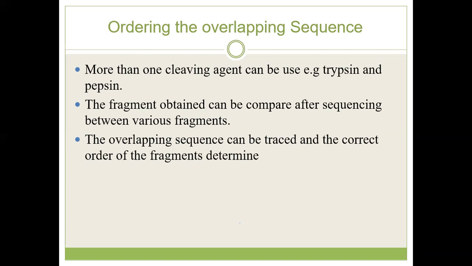For example, just imagine this thing I'm saying. You have the same amino acid sequence. I don't know of any amino acid with O, but look at the title of this slide, ordering the overlapping sequence.